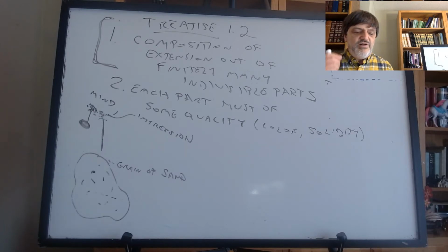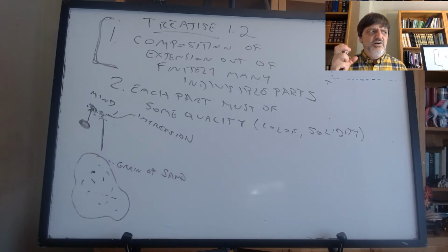So if you try to imagine a point getting smaller and smaller until it's the smallest you can imagine, and then try to add another point just as small to it and put them right next to each other and imagine how big that is.